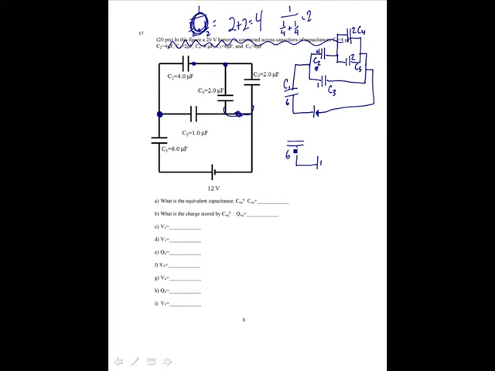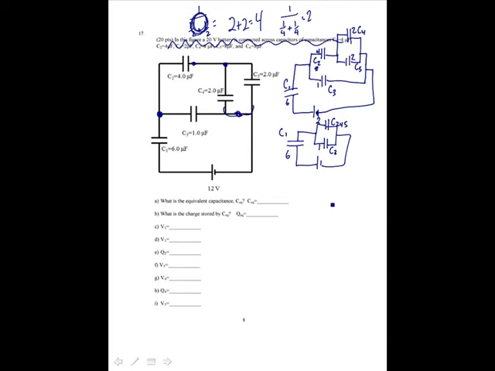There's my 6 microfarad, and then I have a 1, and now my C245 has a value of 2 microfarads. So this is 2 microfarads, this is C3, this is C1.